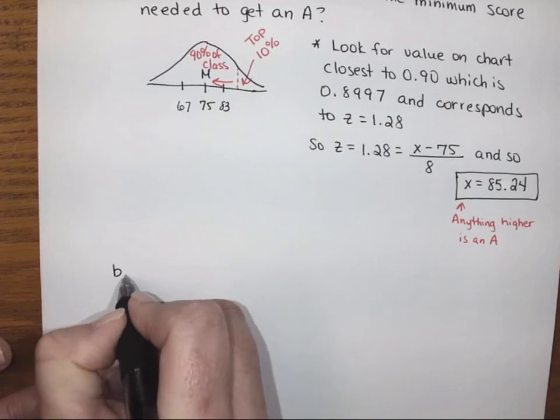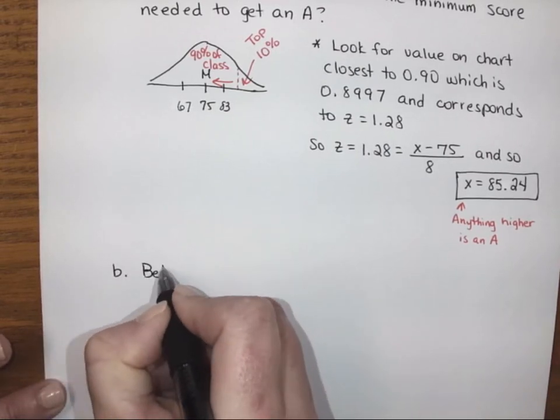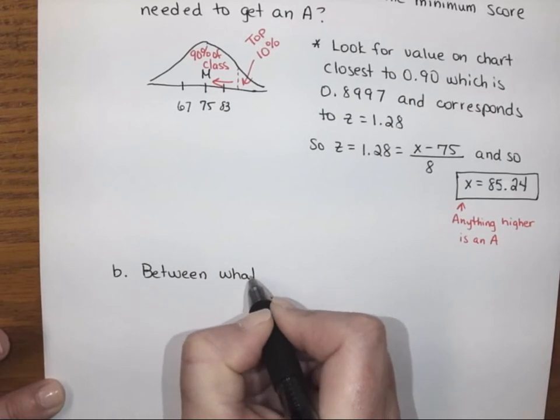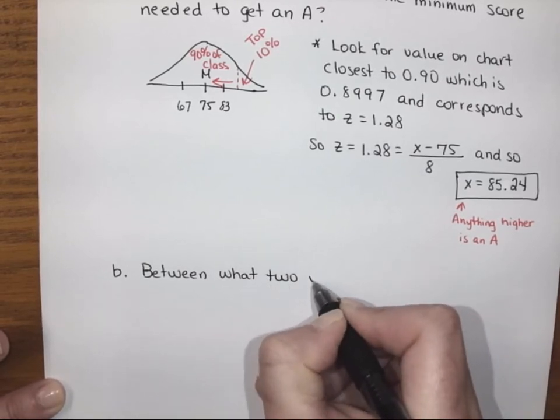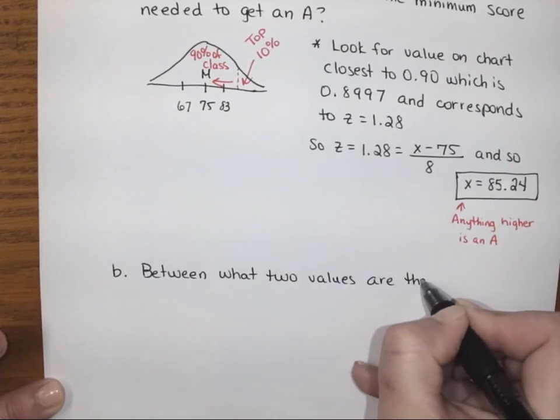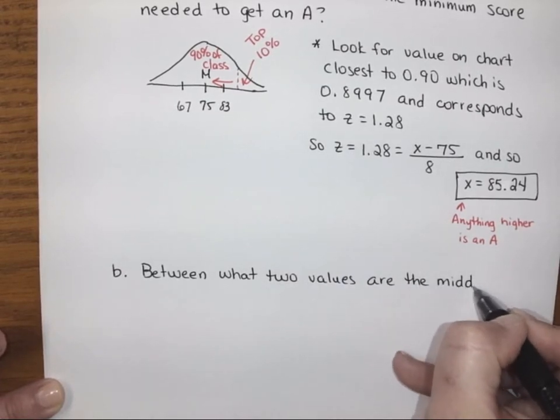Okay, so last part to this one. Between what two values are the middle 60% of the scores?